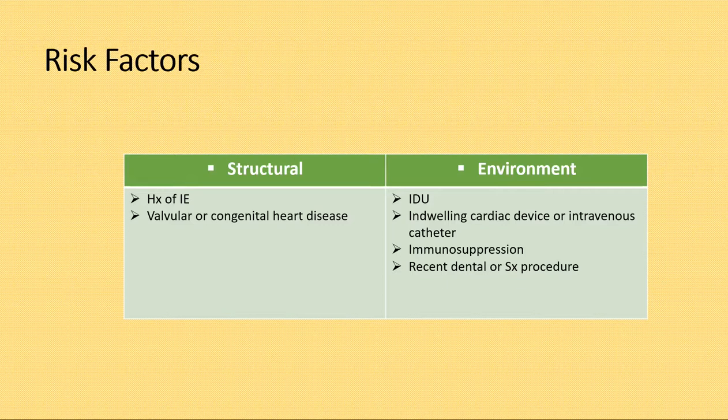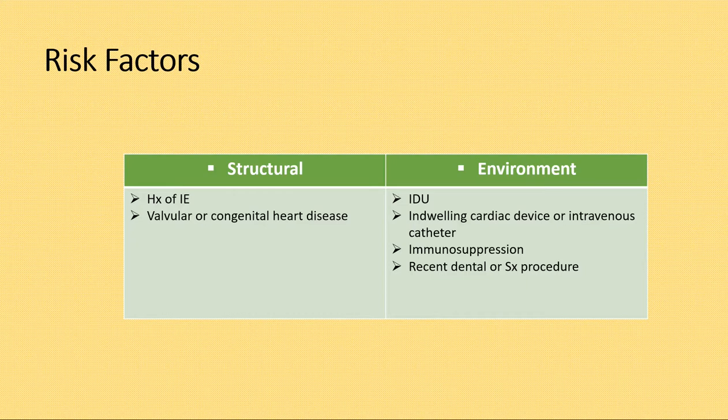What are the risk factors for suffering endocarditis? They are going to be structural and environmental. What I mean by structural is when the patient already has a history of infective endocarditis. Why? Because the valve was already damaged. Also, when there is any kind of valvular or congenital heart disease.